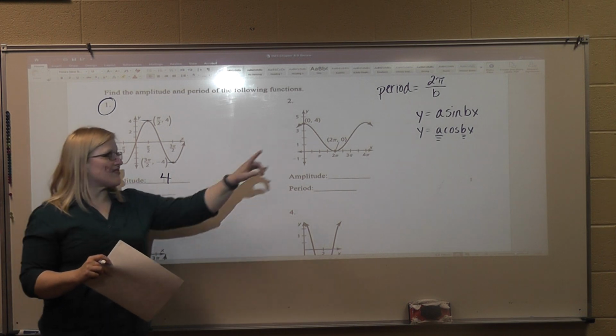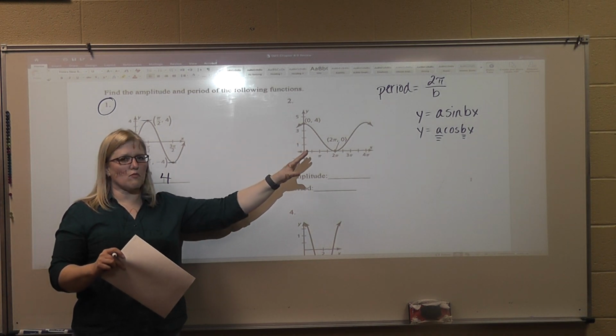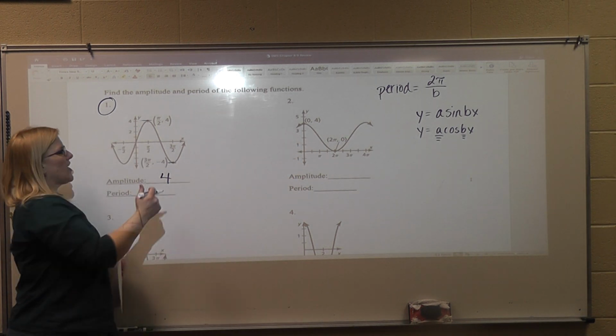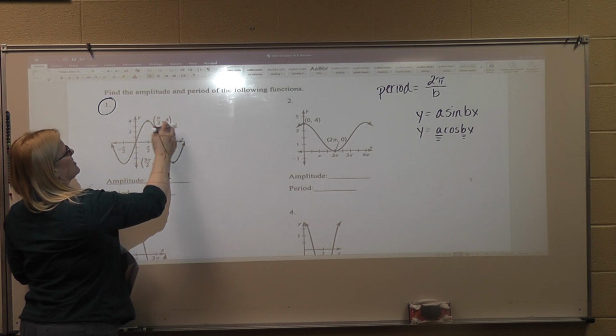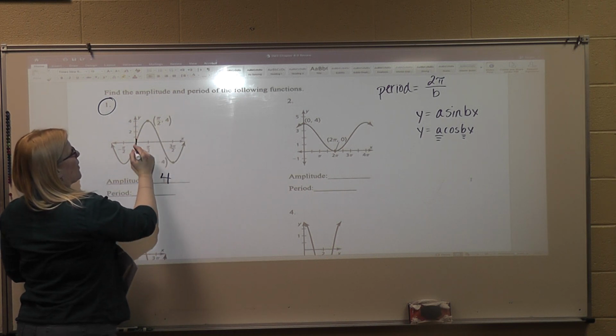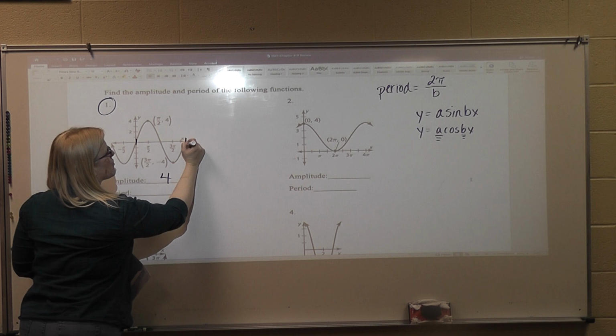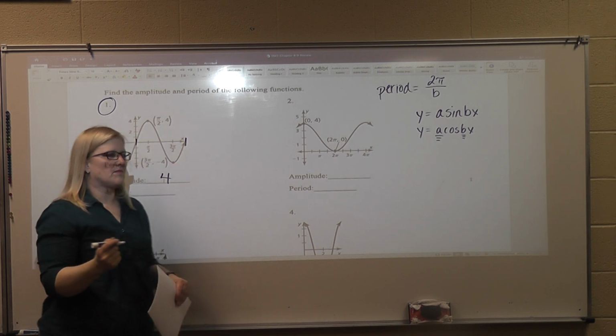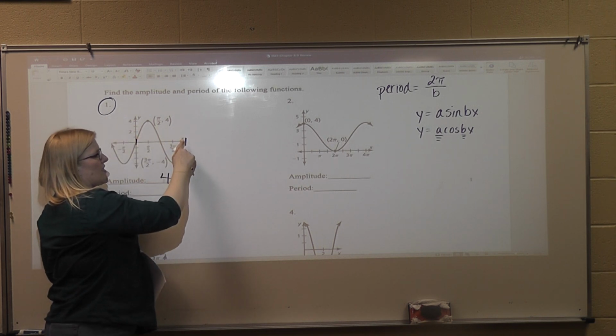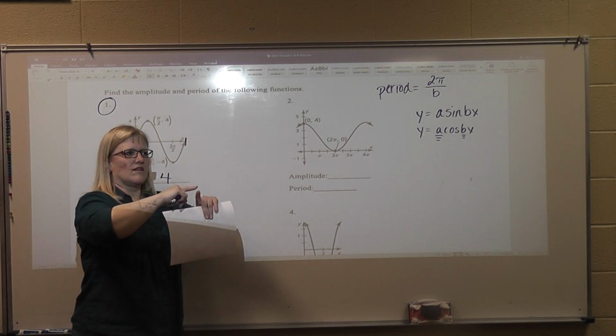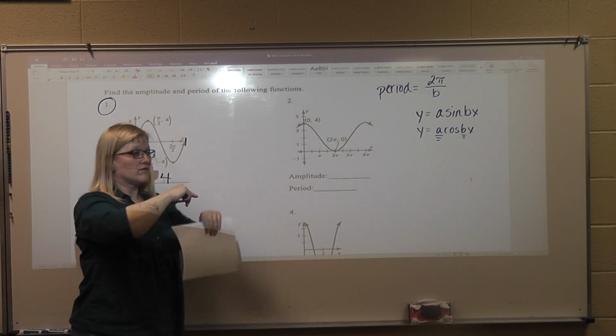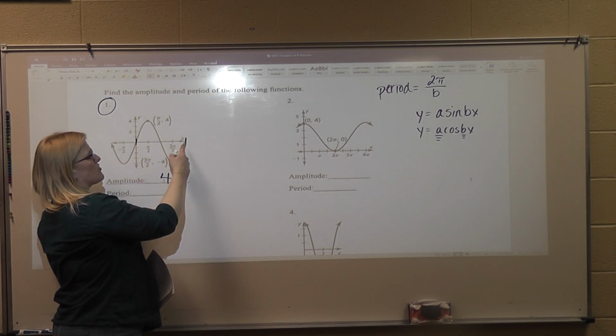Now I did write this down right here and we'll use it more later, but the period is the distance of where something repeats. Okay, that didn't make any sense. The cycle is where it starts to repeat itself.